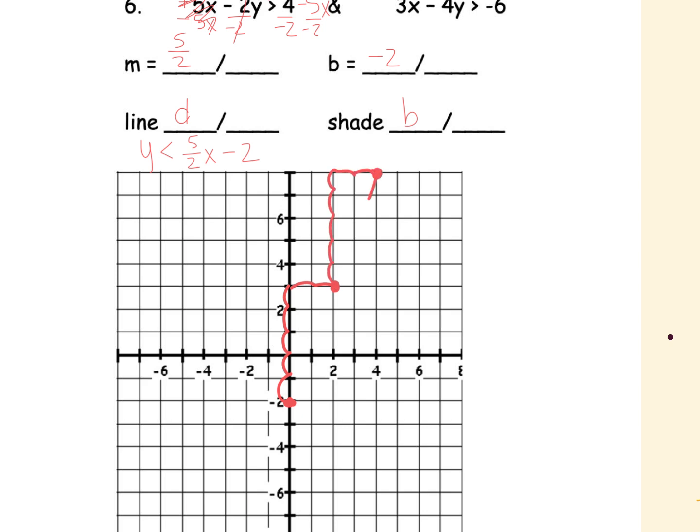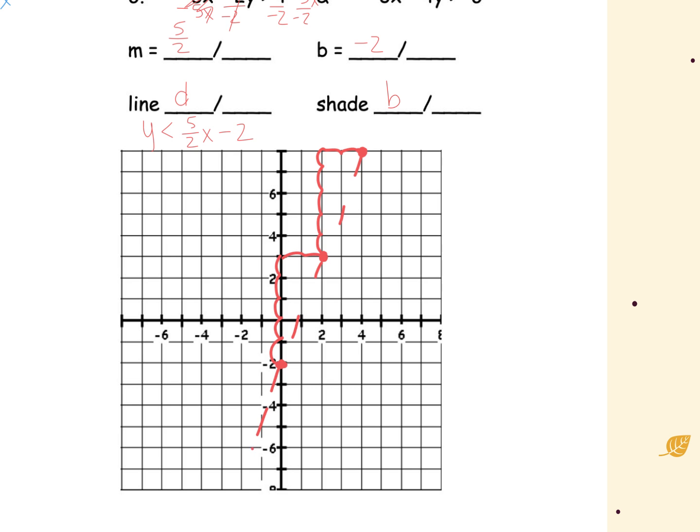My line is dotted. And my shading is going to be below. And again, if you're using a pencil, you can just do this real lightly, and then when you do your other one, you can make it darker where it overlapped.